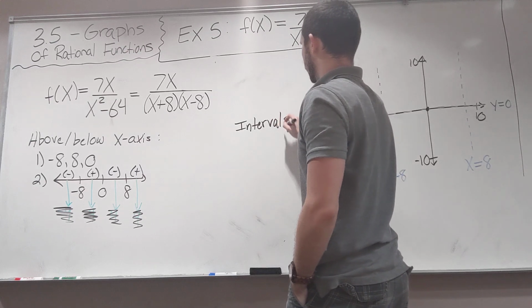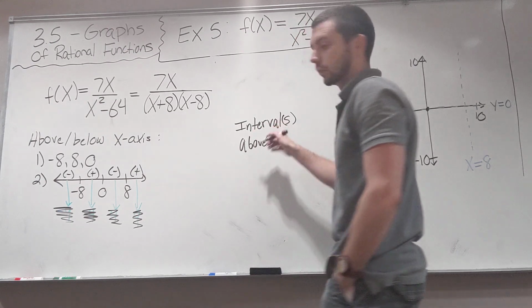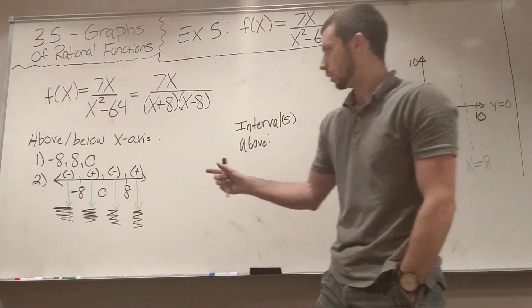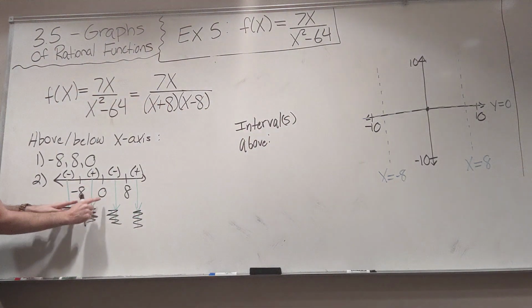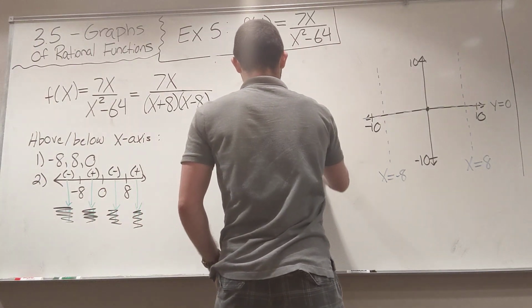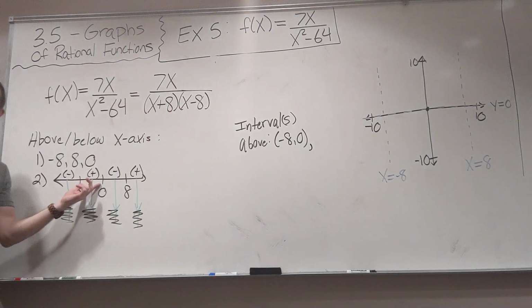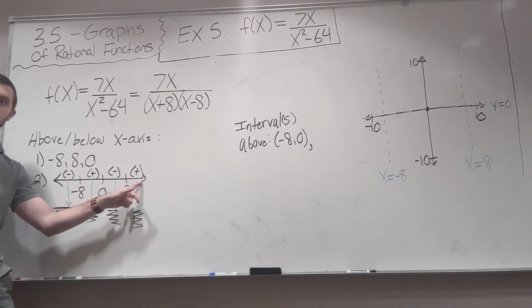So we start off with the intervals above the x-axis. That would be all the ones with the plus signs. Seems to be this segment here, which is from -8 to 0, and a comma, because we have another segment over here, from +8 all the way to infinity.